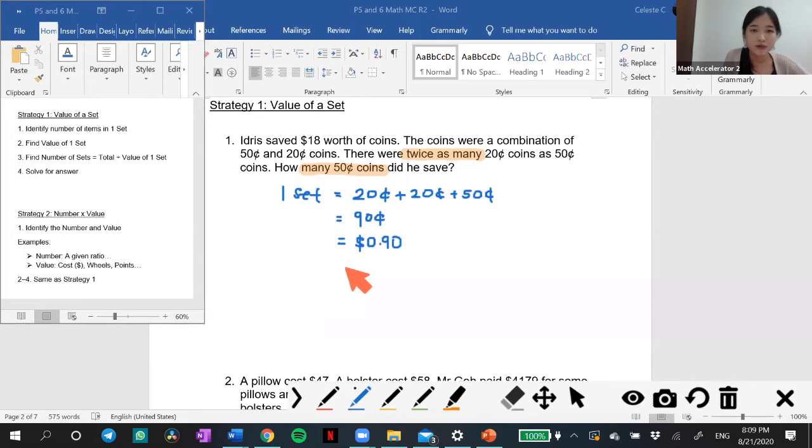Now find the number of sets. Okay, if you look at your strategy at the side there, the number of sets equals to total divided by the value of one set. So number of sets equals to, take your total here. All of the coins are worth $18. And then you divide by the value of one set.